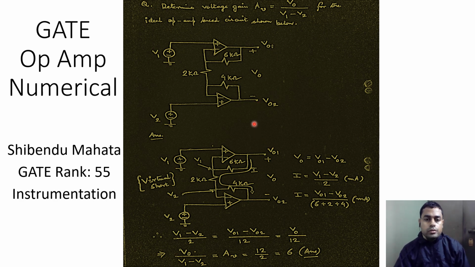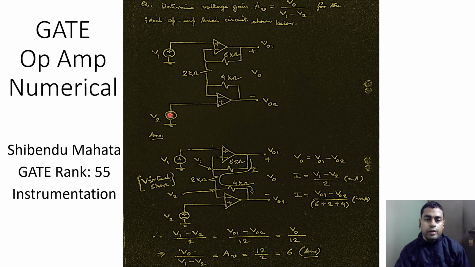With this question, if we look at the information provided, we know that because this voltage is at V1 volts, then the voltage at the other node, the inverting input terminal's node, will also be at V1 volts because of the concept of virtual short.